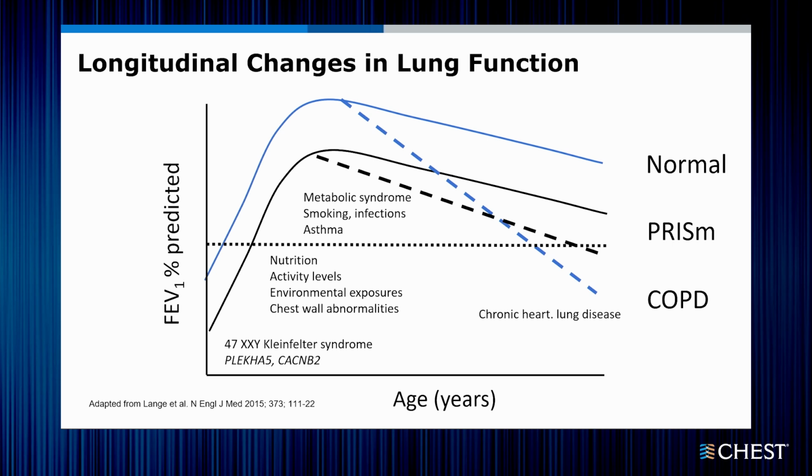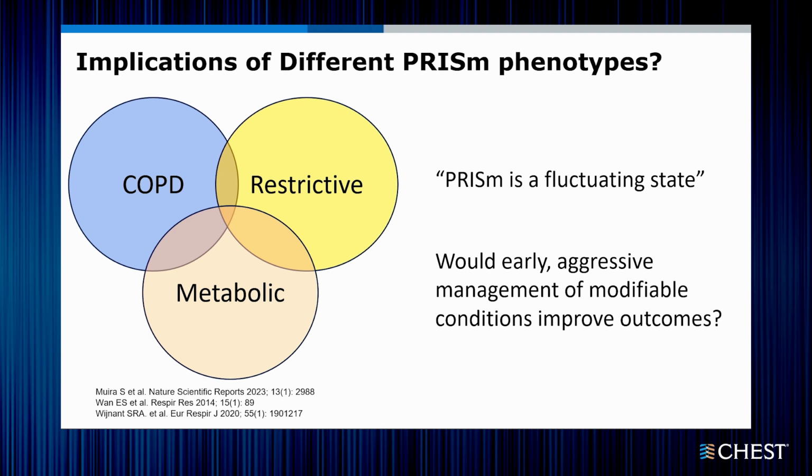I think that there's also an oversimplification in the literature in terms of lumping all of these different disease states based on a spirometry disease pattern. And I wonder if there really are three different phenotypes: an obstructive lung disease phenotype, a restrictive lung disease phenotype, and perhaps a metabolic phenotype where the lungs are basically the passive victims of the underlying systemic inflammation.